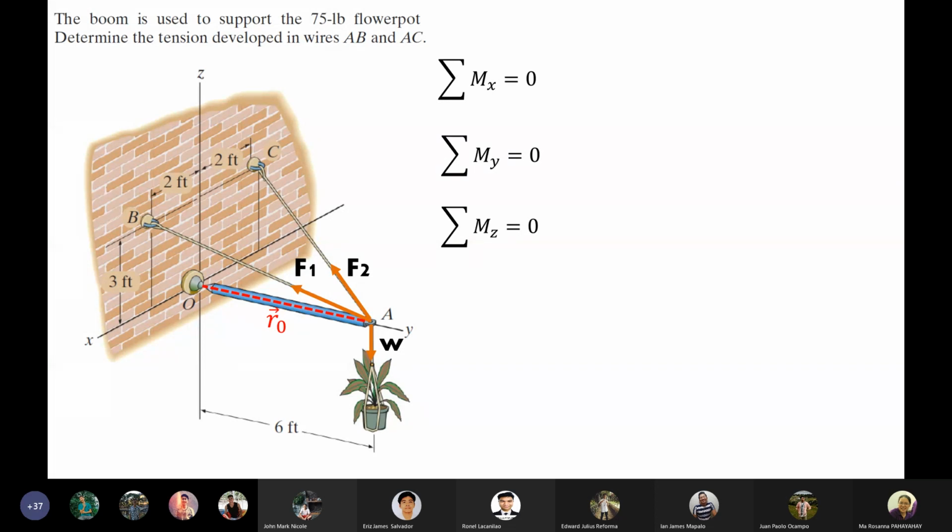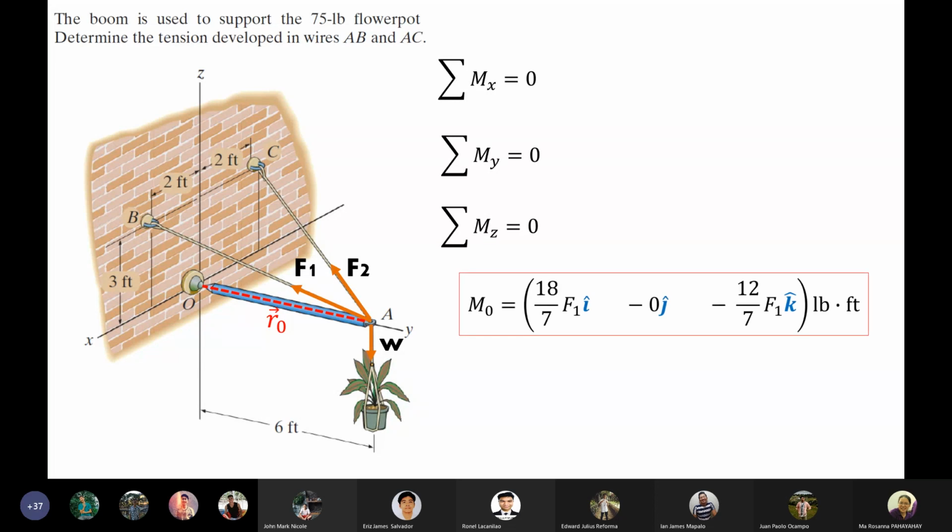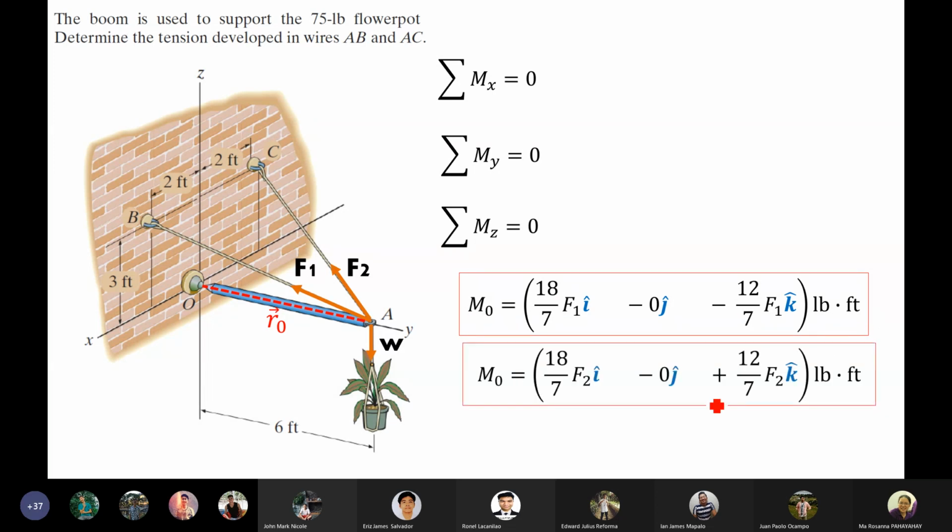So, paano natin i-segregate? Kaya ko nilagay si first force into this form para ma-segregate natin. So, this is yung sagot natin ng moment of force ni F1, moment of force ni F2, and moment of force ni weight. So, pag sinabing segregate, ang pagsasama-samahin ko is yung moment of force along I.